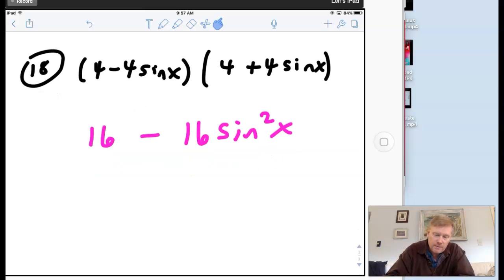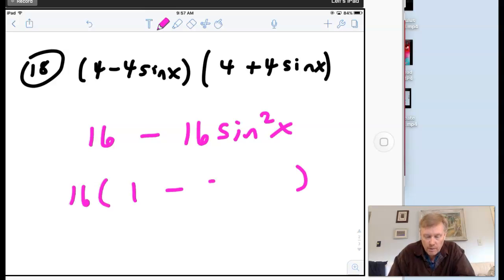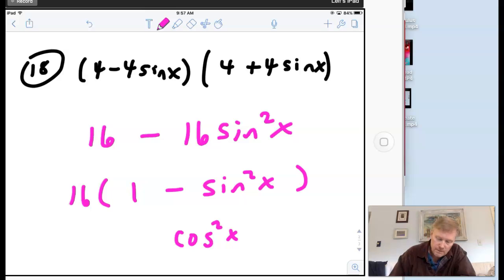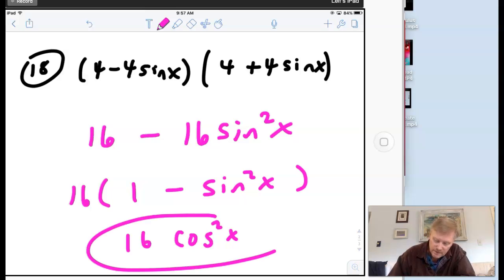However, I gotta see that there's 16s both there, which means I can factor out a 16, which leaves me with 1 minus sine squared of x. And that can be simplified to cosine squared of x. Times 16, so it's 16 cosine squared of x. That's the best answer.